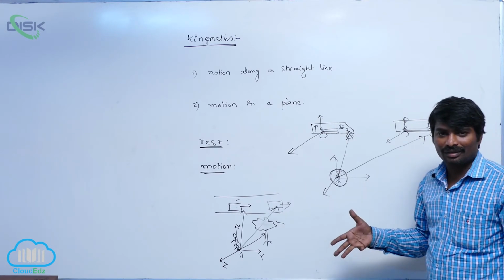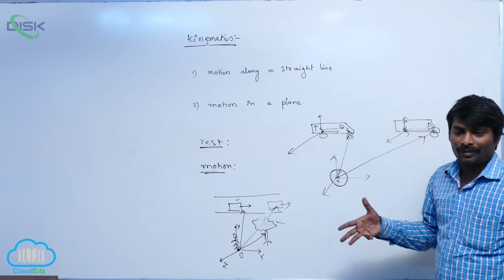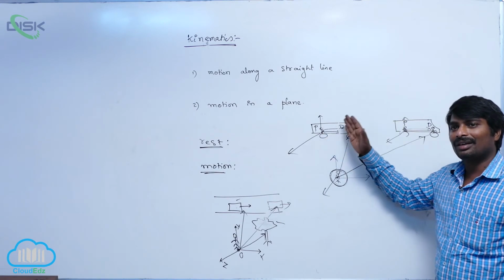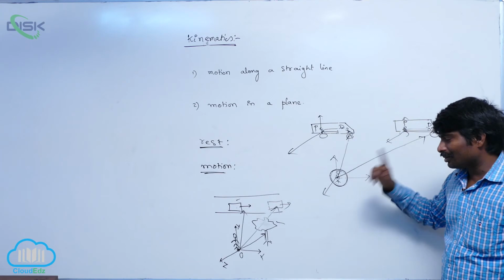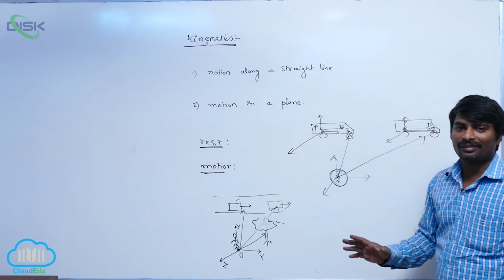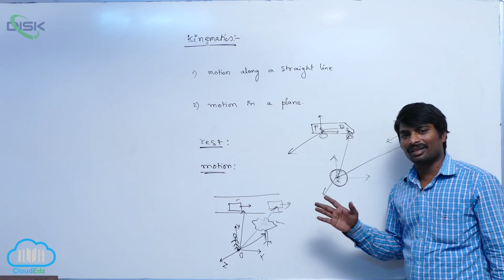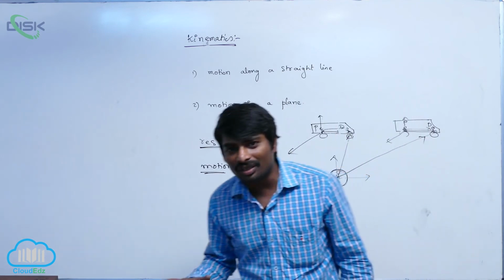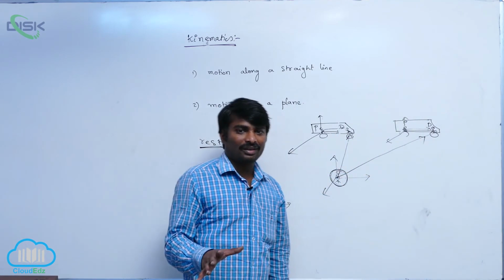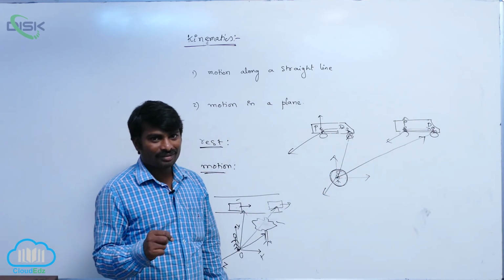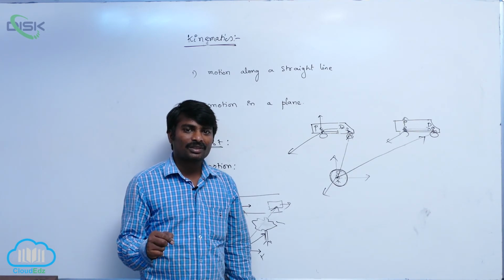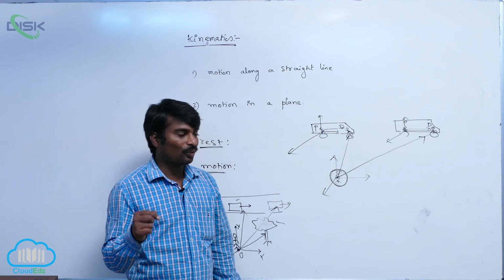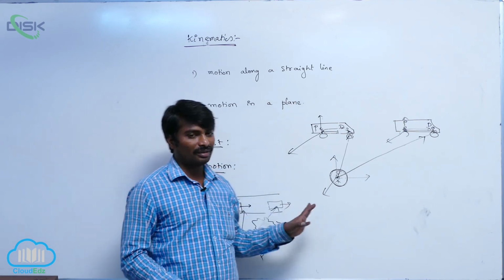That means with respect to this reference frame, the driver is at rest is correct. With respect to this reference frame, the driver is in motion is also correct. That means rest and motion we are going to define when we specify the reference frame with respect to which we are going to define the rest and motion.